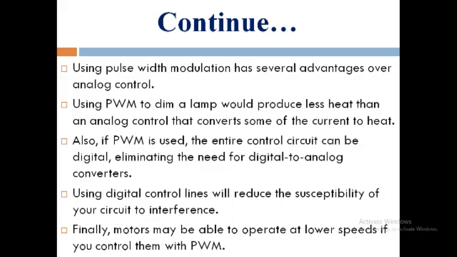Also, if PWM is used, the entire control circuit can be digital, eliminating the need for digital to analog converters. Using digital control lines will reduce the susceptibility of your circuit to interference. Finally, motors may be able to operate at lower speeds if you control them with PWM. That is the PWM technique.